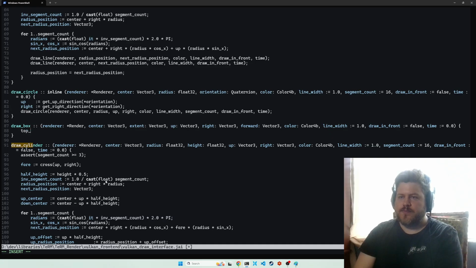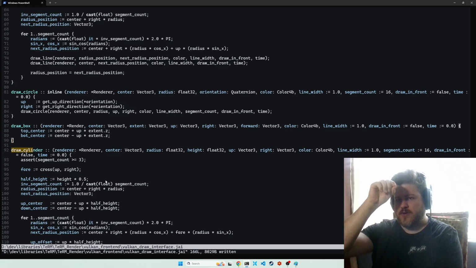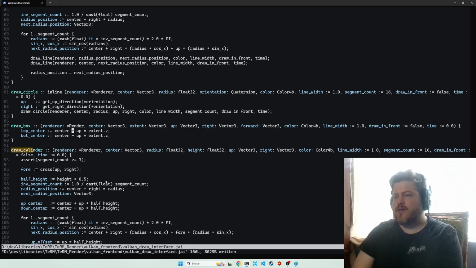So the top center is just the center plus the up vector times extent dot z, and then the bot center is just the center minus up times extent dot z. So we're moving from the center of the box that we want to draw, moving up to the top center plane, and then down to the bottom center plane, where all of the vertices are, right?